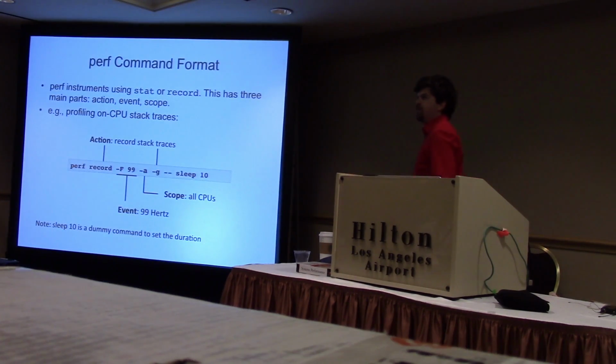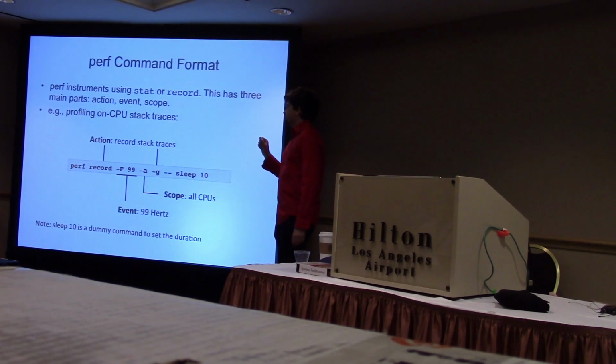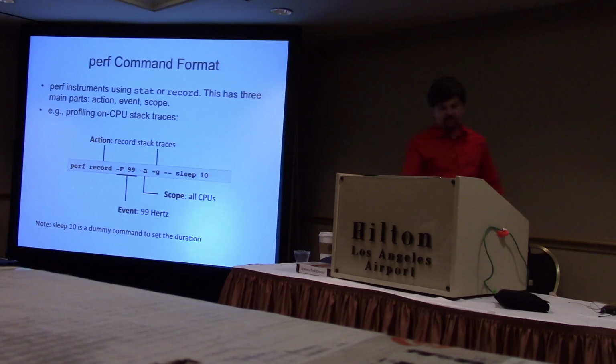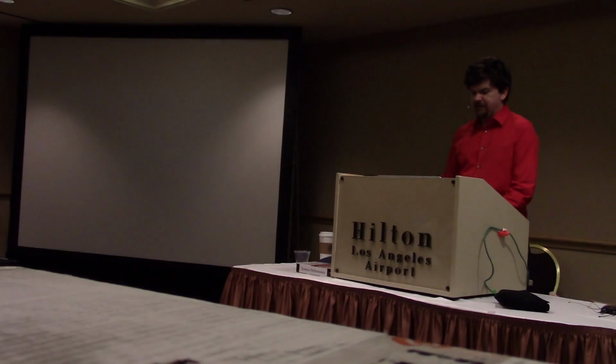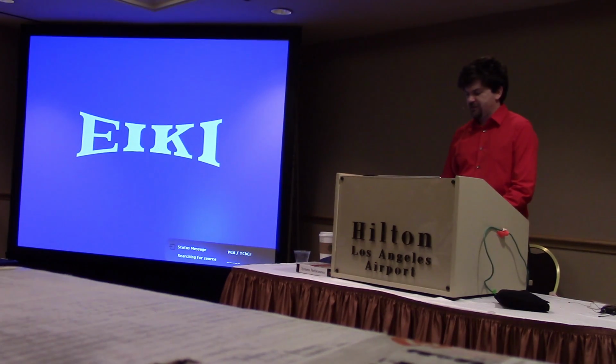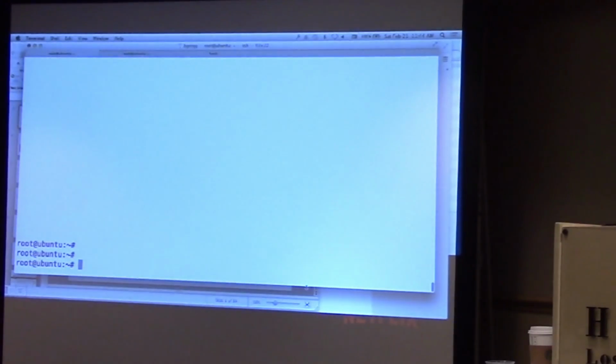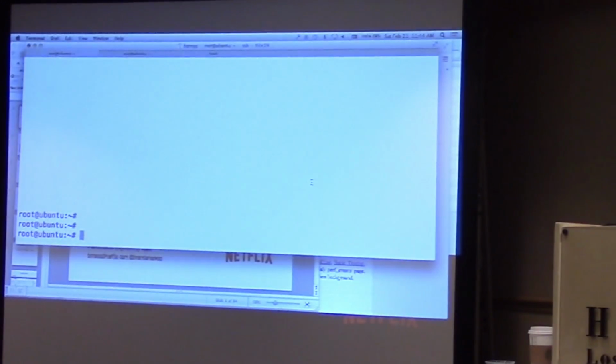When you use perf at the command line, it behaves like this. I was just setting up a demo. Let's see if this is going to work. This is a little bit boring because it's on a VirtualBox instance, because I wasn't sure if the network would cooperate.